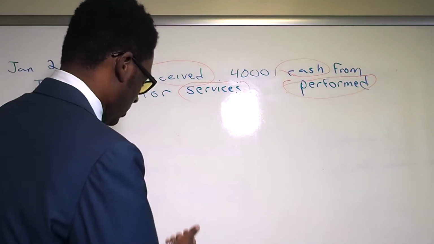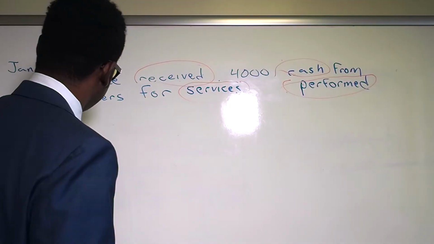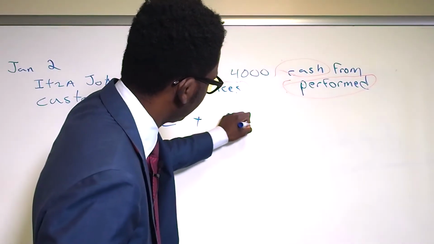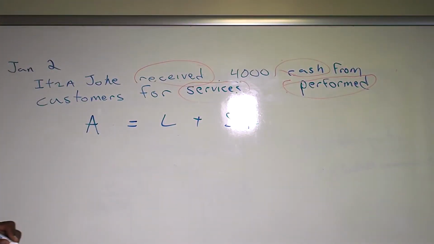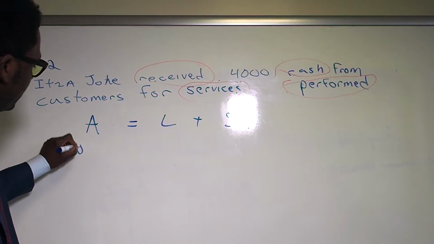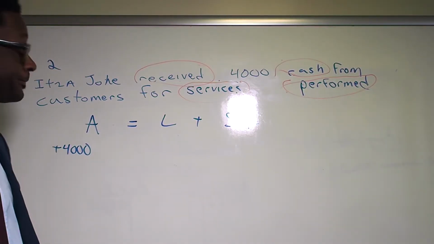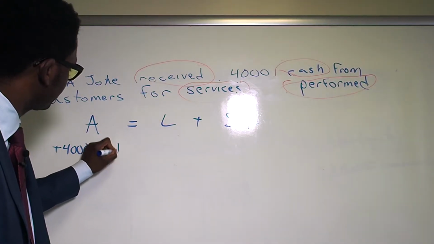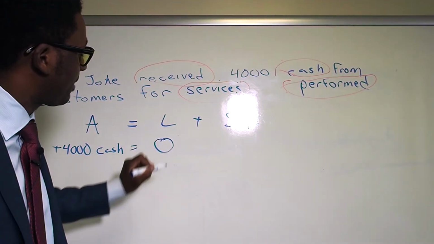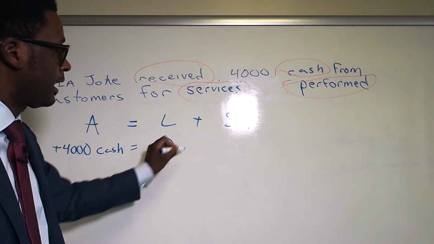So if we were to apply this with our accounting equation, we would see that our assets have went up by $4,000 under what account? Cash. In this transaction, we had no liabilities. Remember, liabilities are things that we owe.